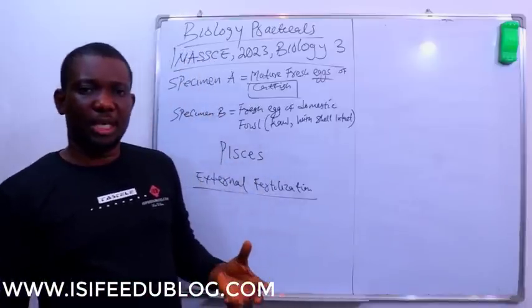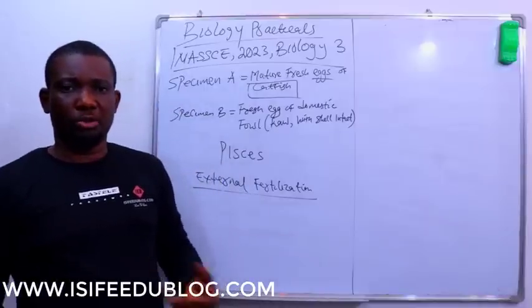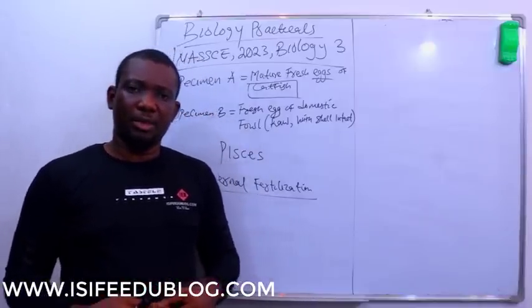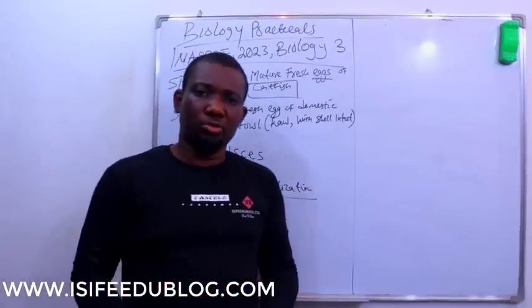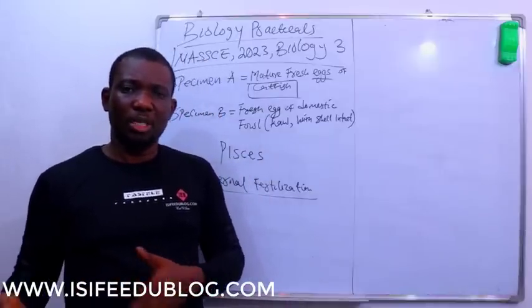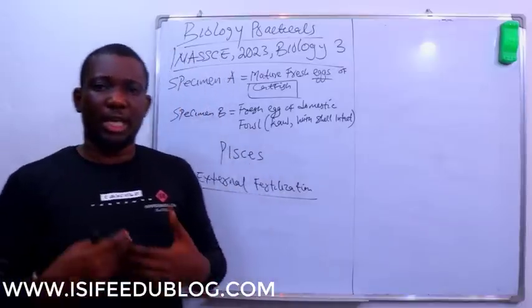And by the time these eggs are laid, they could be consumed by some predators. Some animals can consume them. So you find that very few of these eggs will be opportune to be fertilized by the sperm. So many sperms will be wasted, and so many eggs will also not make it.